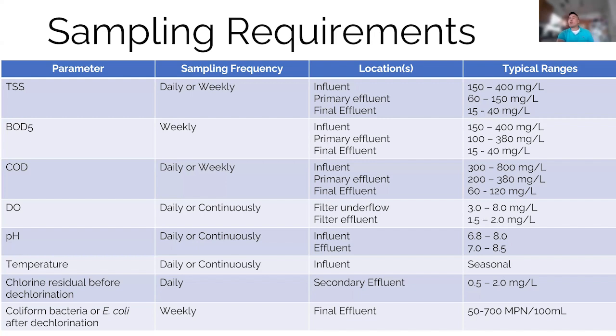This is a chart that shows what those ranges should be, where to sample those, and how frequently to sample them. Basically, as with other processes, these are the ones you want to measure to understand what's coming into your plant, what's coming out, and what may be on your NPDES permit.